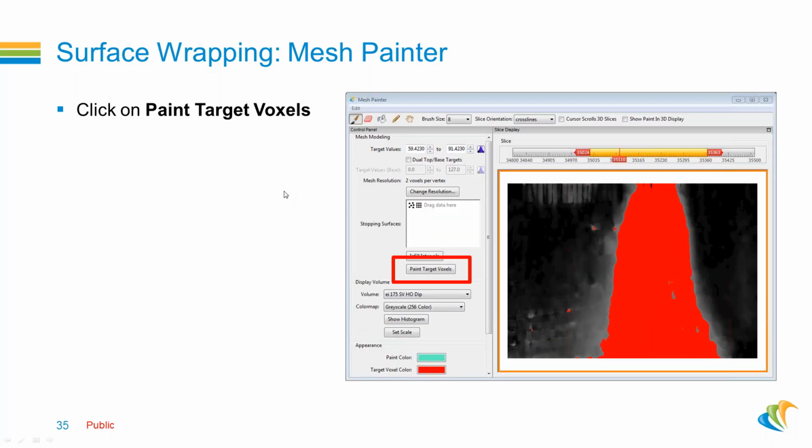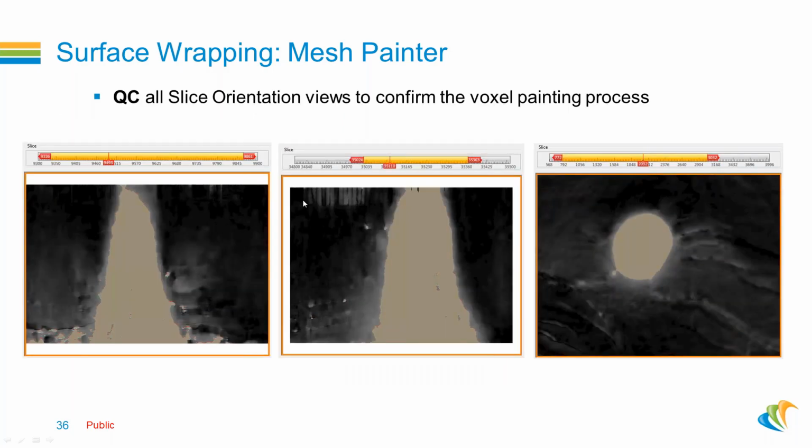Okay, after adjusting our boundaries, the target values, we need just to select an option to paint the target voxels. The software will paint everything that we are telling it to identify in between these target values. And this is an example after applying the calculation.